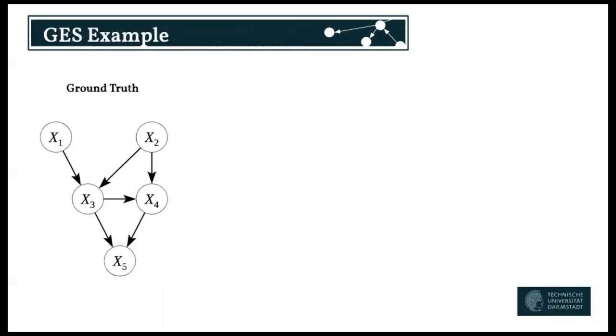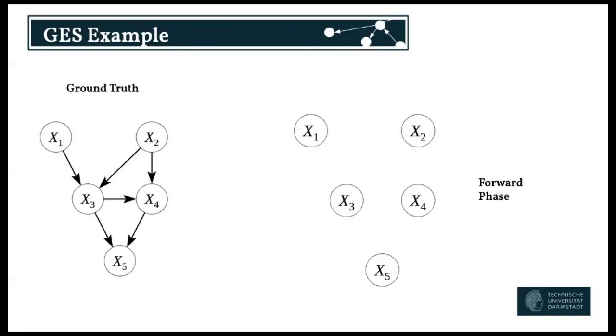All right, let's step through an example. So we have, again, a ground truth, which looks like this. And GES now would start with an empty graph. And as we have seen, starting with a graph with a superset of independency statements of some graph we want to obtain, then we can probably get there if we either reverse covered edges or we add edges.